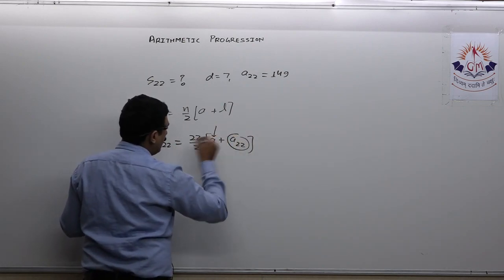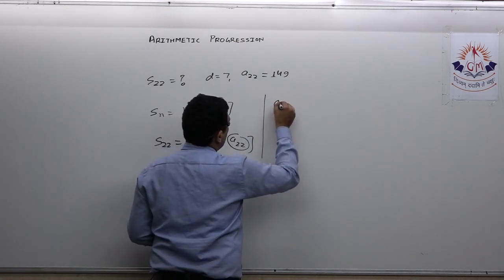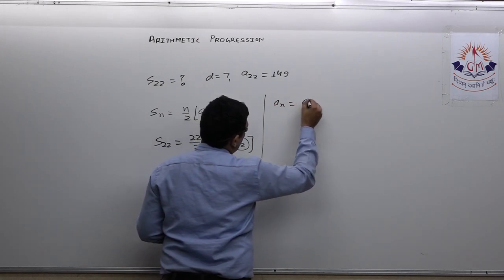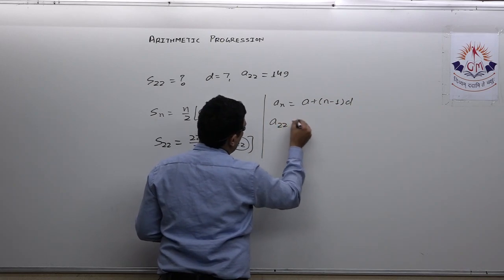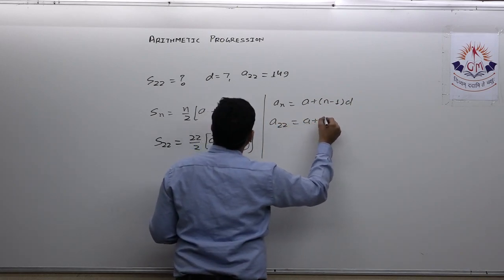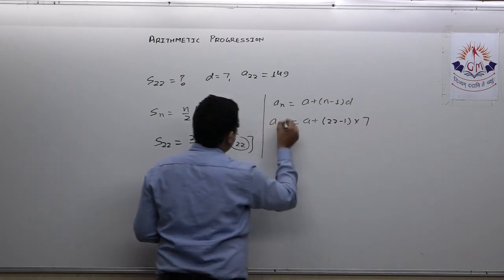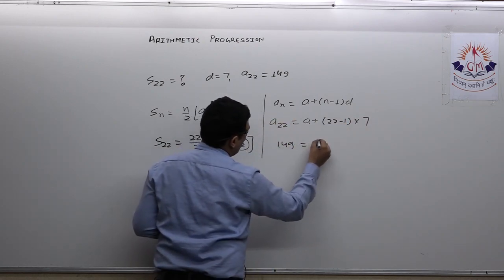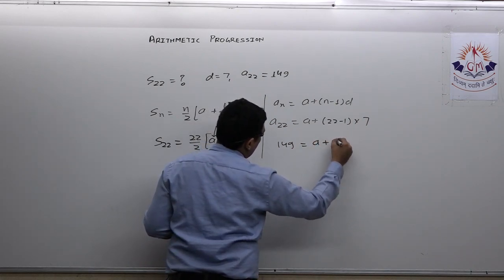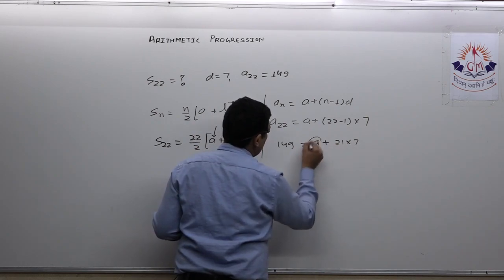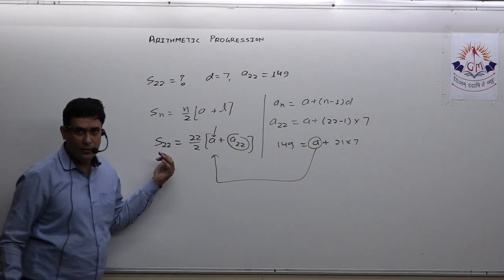Now the only thing that I need is a, and that I can find using the formula an equal to a plus (n minus 1) into d. So a22 is equal to a plus, now n is 22 minus 1, d is 7. Now, a22 is 149 is equal to a, that I need to find, plus 22 minus 1 is 21 into 7. Using this I will obtain a, and by putting the value of a over here I will get S22.